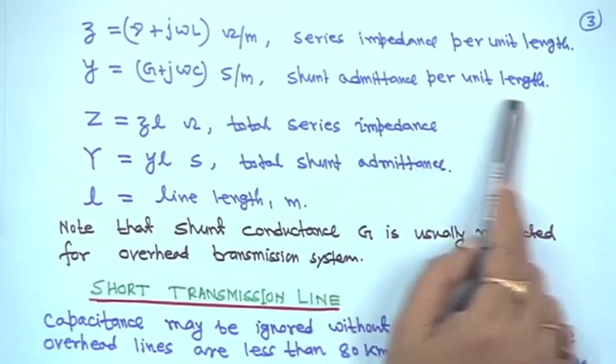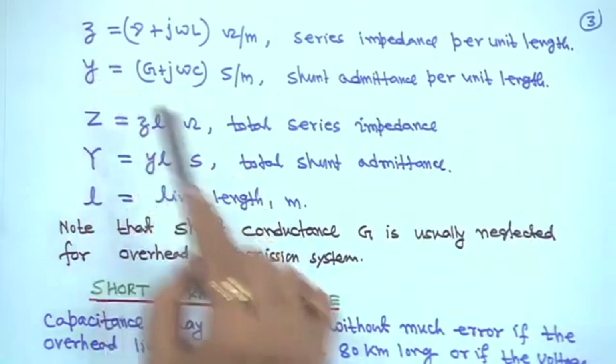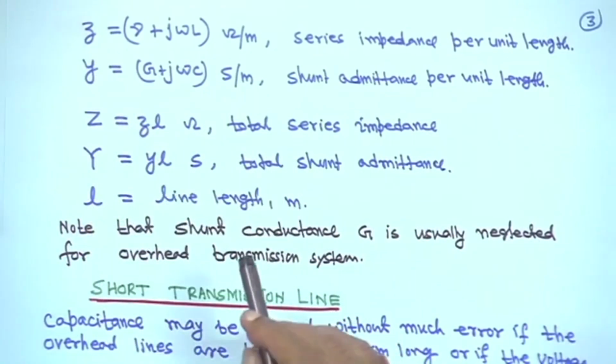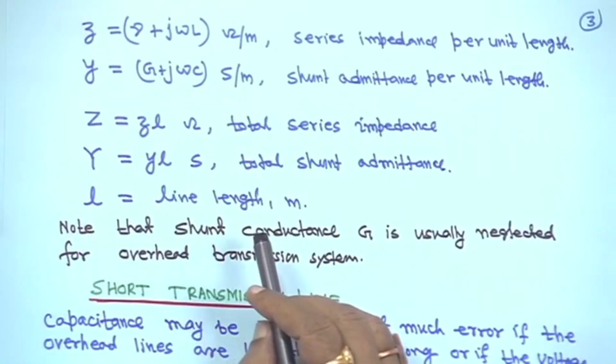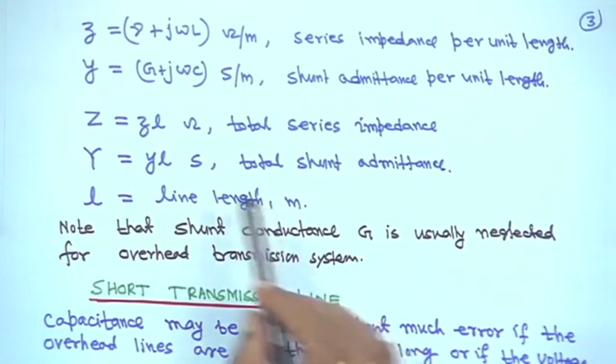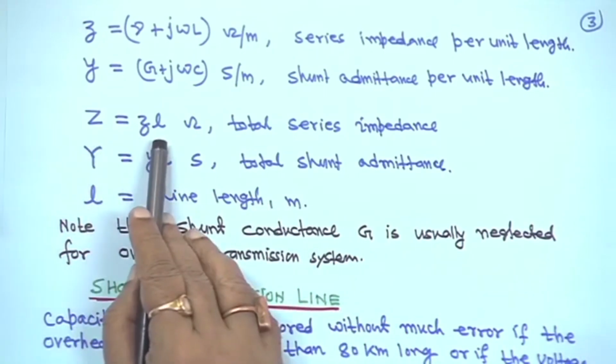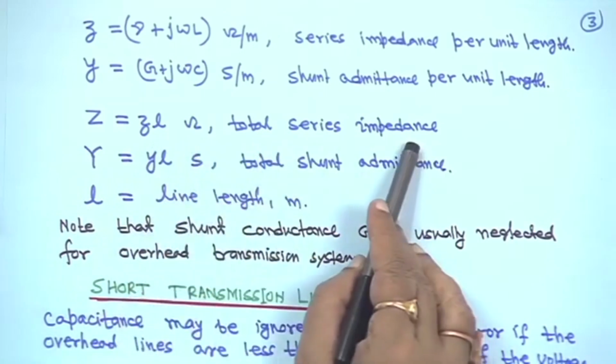Small z and small y are parameters per unit length, per meter, and capital Z is equal to small z into L, that is ohm, total series impedance.